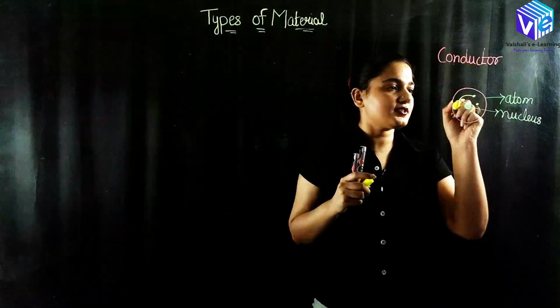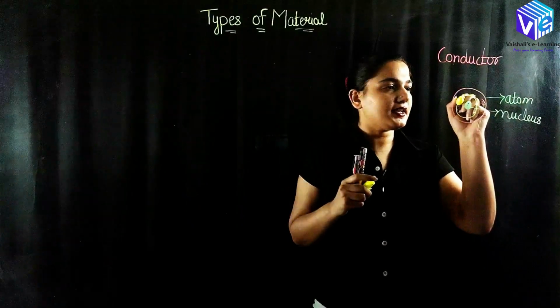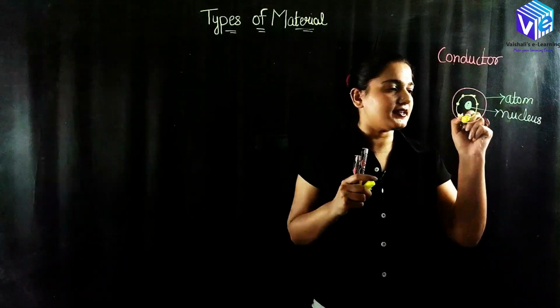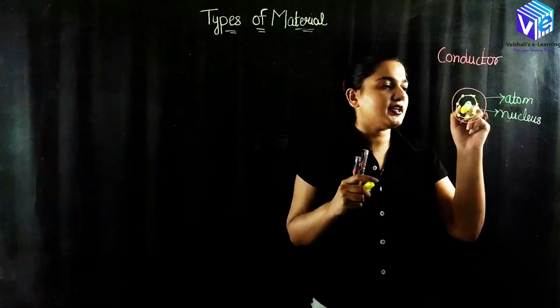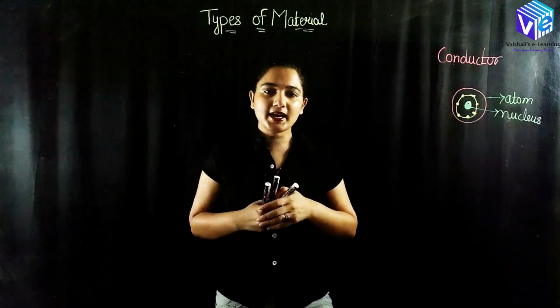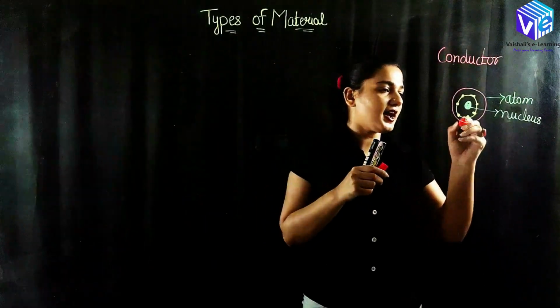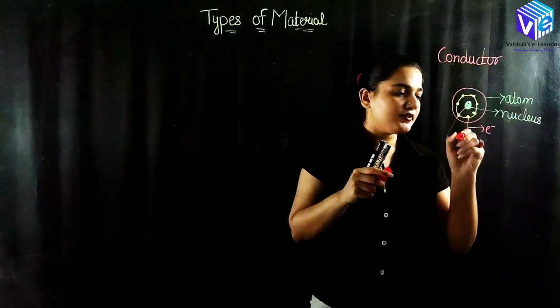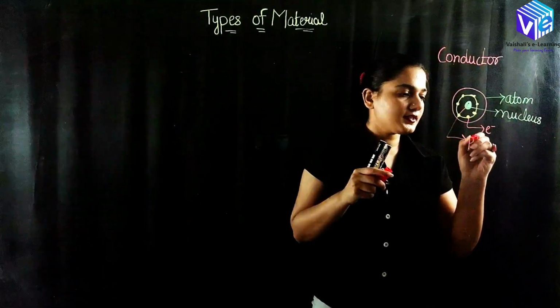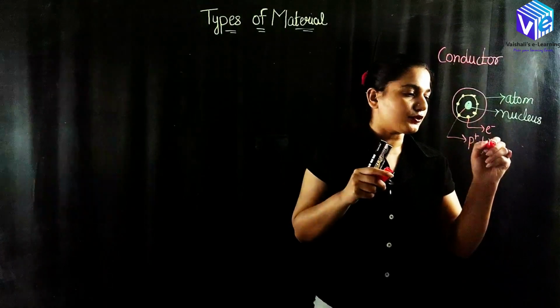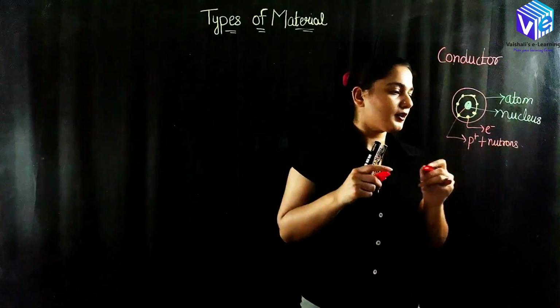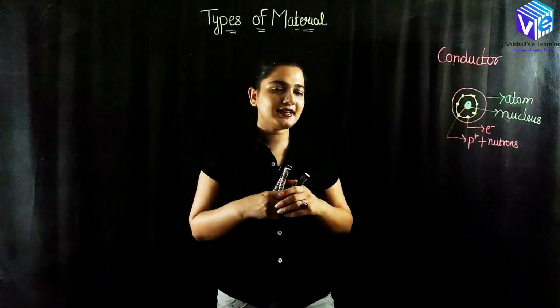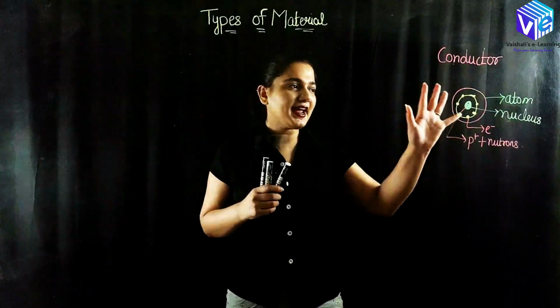Let's suppose this is a shell here and we have various electrons present here. In the nucleus we have neutrons plus protons. So these are my electrons, and here we have protons plus neutrons. I hope this is clear.